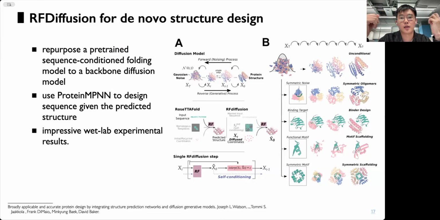One of the notable pieces of this line of work is RFdiffusion. In RFdiffusion, they repurpose a pre-trained sequence-conditioned folding model into an unconditional backbone diffusion model, and attain impressive wet lab experimental results, designing many designable proteins in the lab.